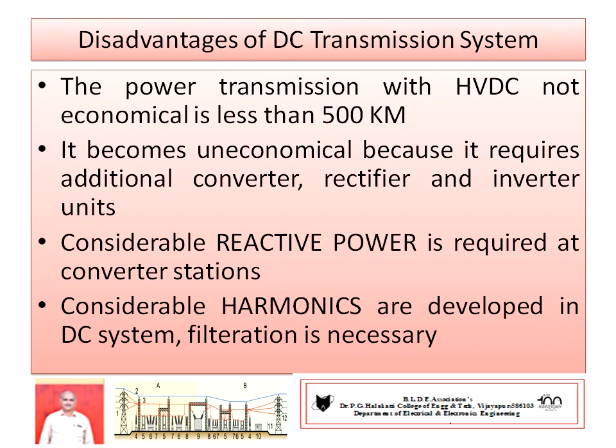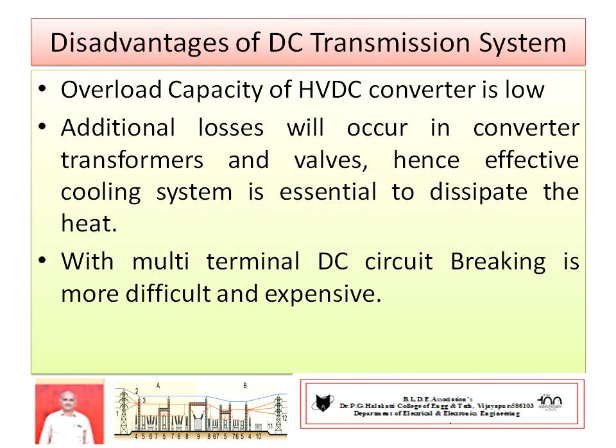So converter stations should take reactive power into consideration while being designed. Considerable harmonics are developed in a DC system, hence a filtering circuit is necessary. Lastly, the overload capacity of an HVDC converter is low, hence it is one of the limitations.